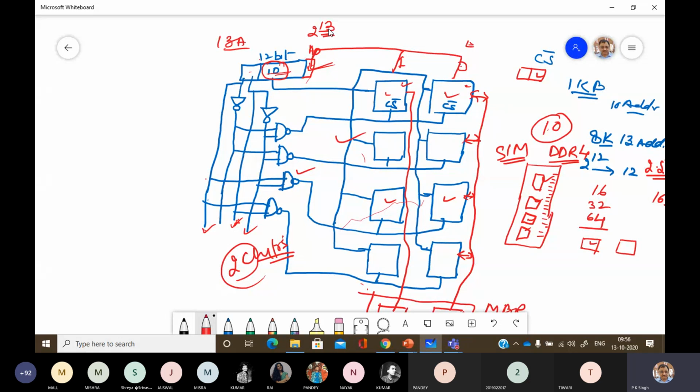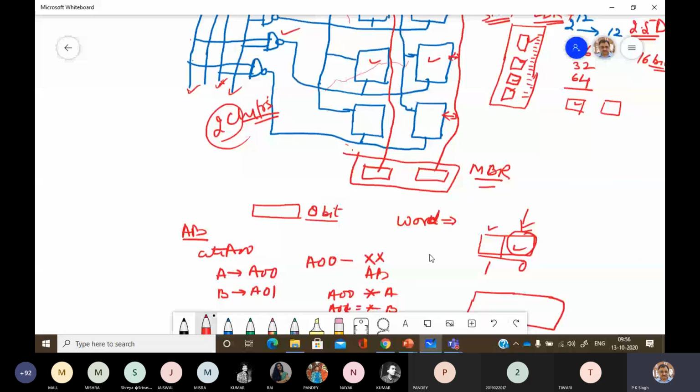Now see, we have added A0 to distinguish the byte. But what will be the case if you want to read a word of information? Word means 16-bit information starting from an even address, the same case we discussed, AB at A00.